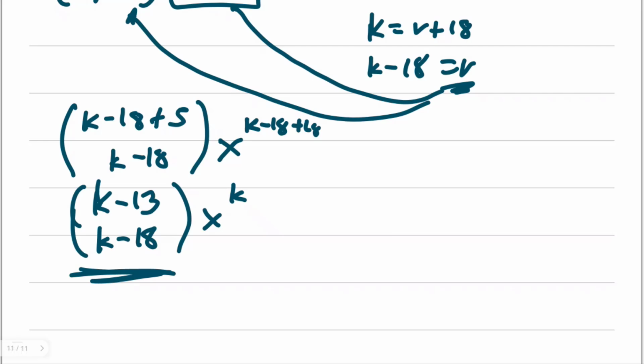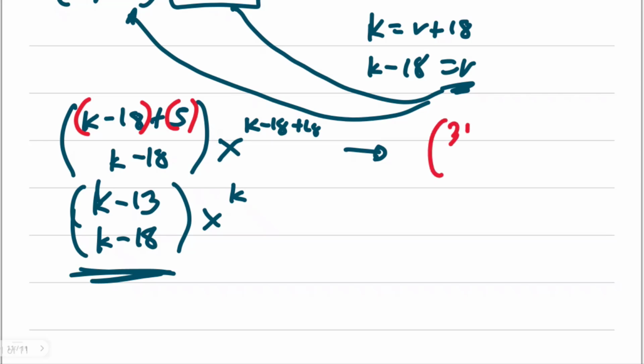Now, since both the number of objects and the objects to be taken have k's, we can also express this further in this manner. Take note that these two are combinations of addends.